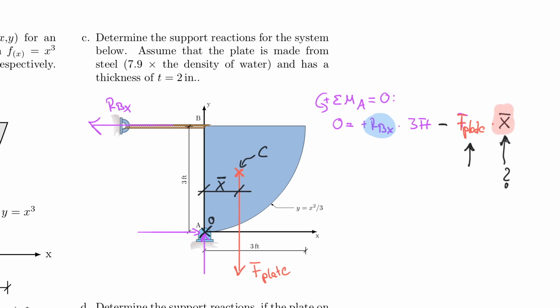And then as a bonus, we also will talk about how to calculate the weight of the plate, although you probably know this technically from classes you have taken before. Why? Because ultimately our goal is to find support reactions for systems like the one shown here. So that is the introduction to why we're doing what we're doing.